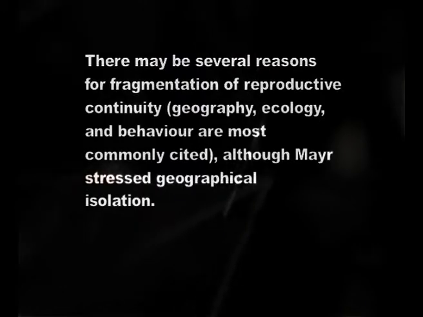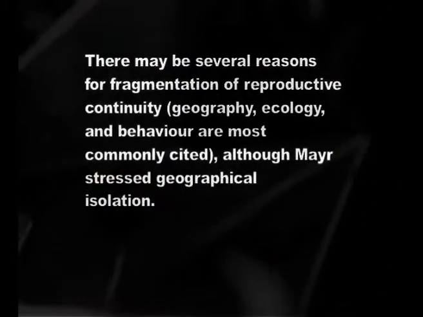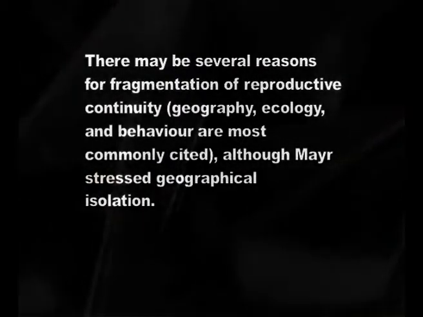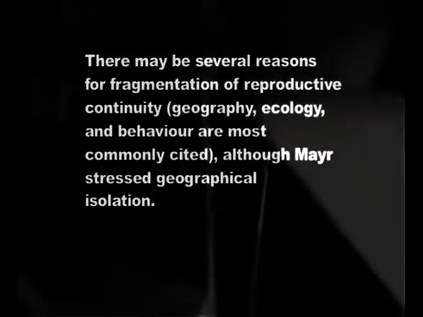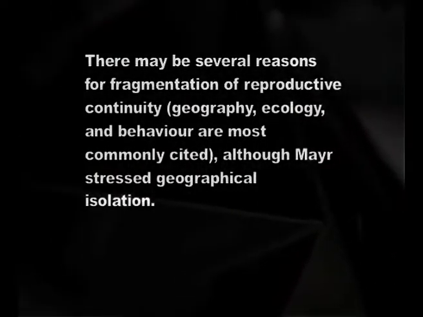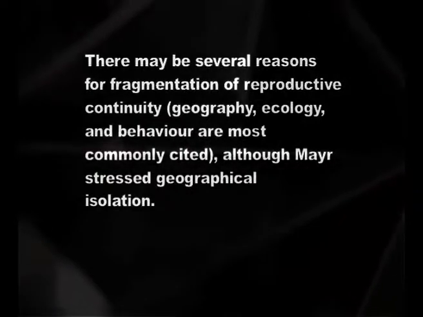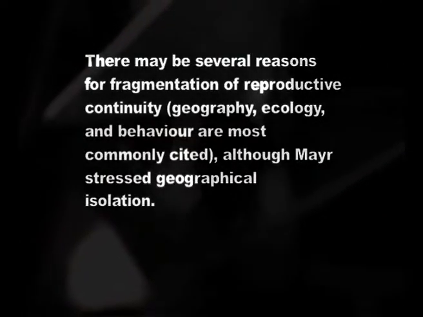There may be several reasons for the fragmentation of reproductive continuity. Geography, ecology, and behavior are most commonly cited. Although Mayr stressed geographical isolation, the parent species may continue to live alongside the daughter species. In practice, most modern species are not recognized on reproductive criteria.